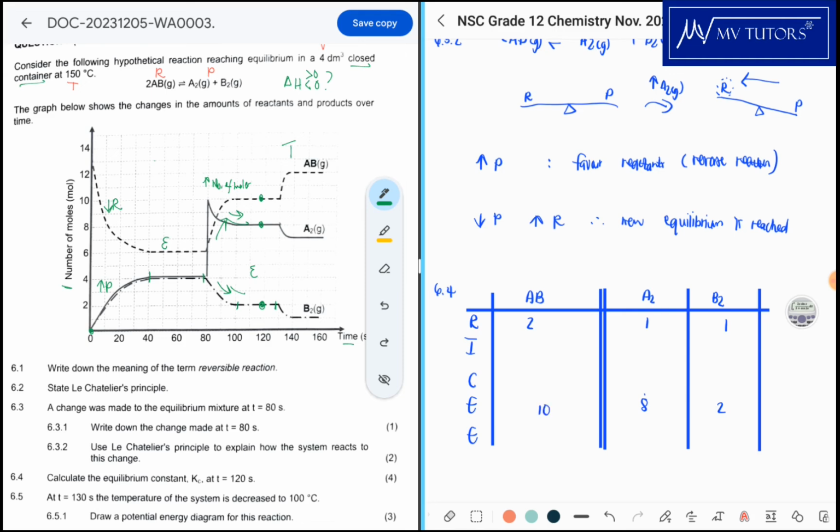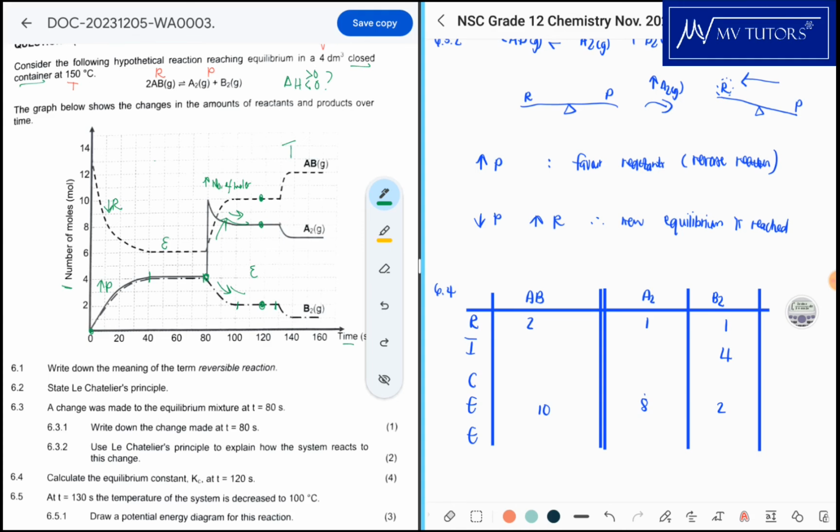Okay, let's look at what happened initially. So with initial amounts, you're going to just look at 80, because that's where, or just before 80, where there was, actually at 80, the previous scenario, what was happening before. So we can see for B, we have 4.